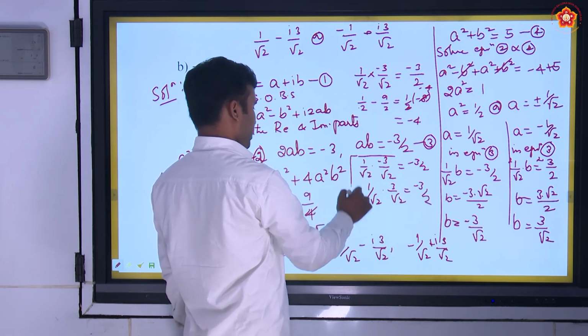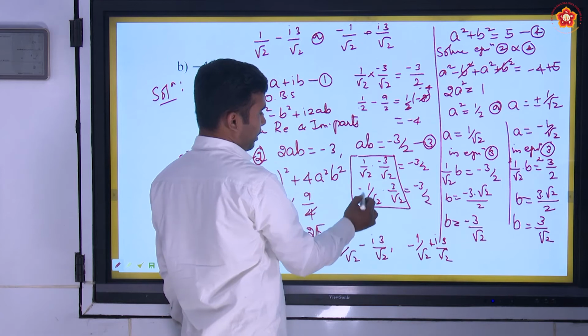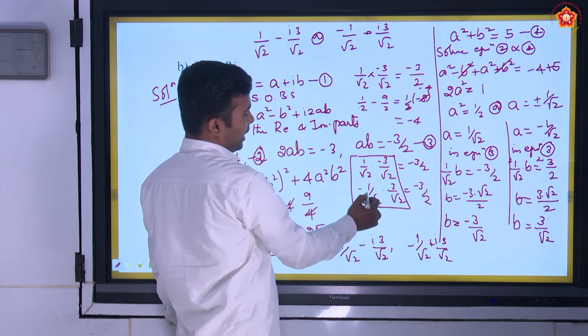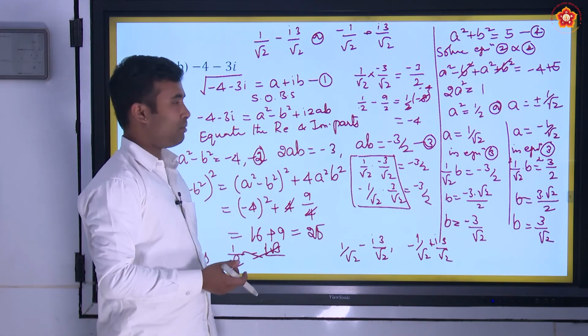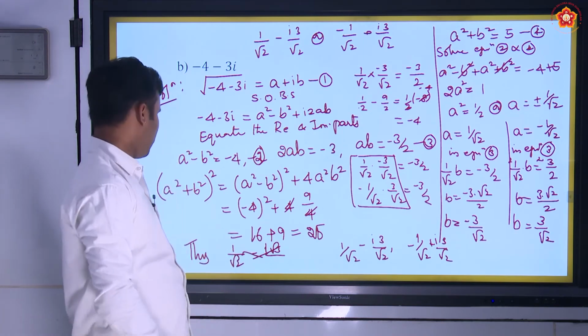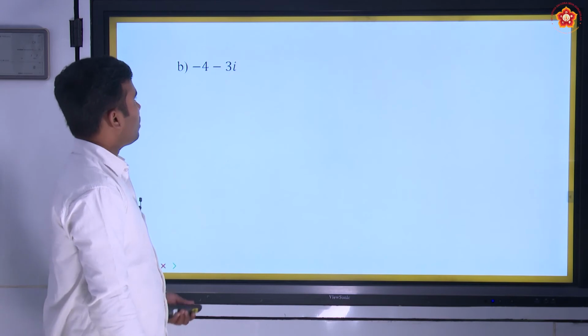These are the values for a and b. This way we can write a pair of complex numbers that gives the square root of the given complex number. We will solve another problem.